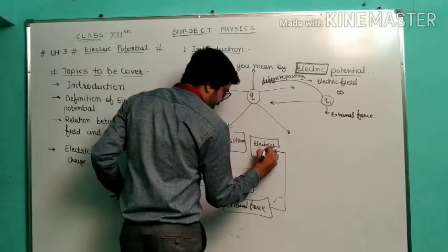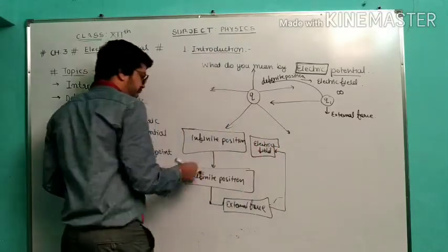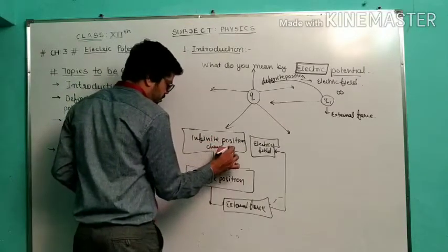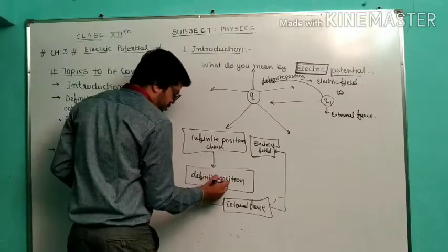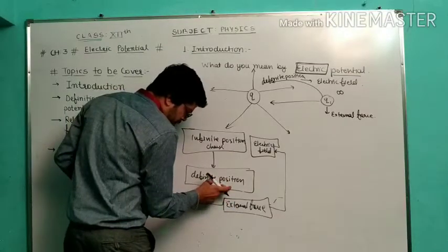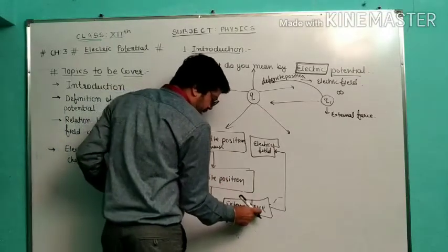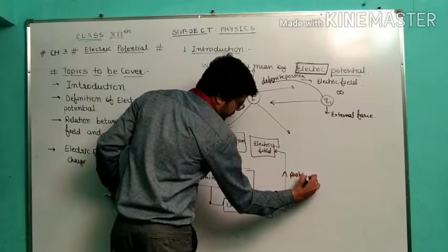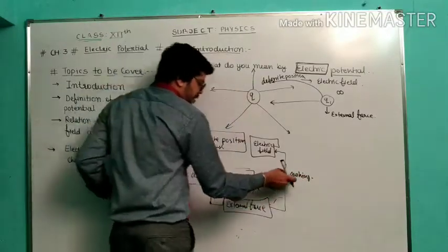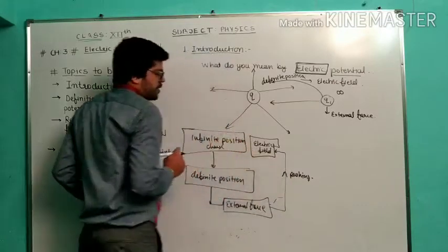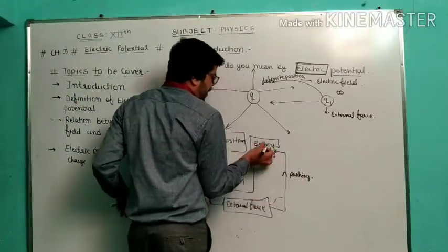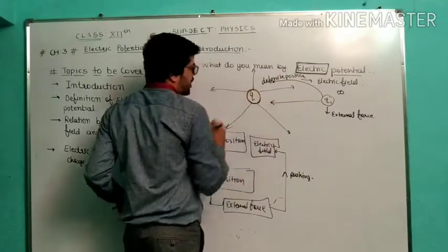We are using external force to bring this charge in electric field, and when this infinite position charge is brought to definite position, only because of external force, and this external force is just pushing the charge in the electric field of this particular charge which is already present.